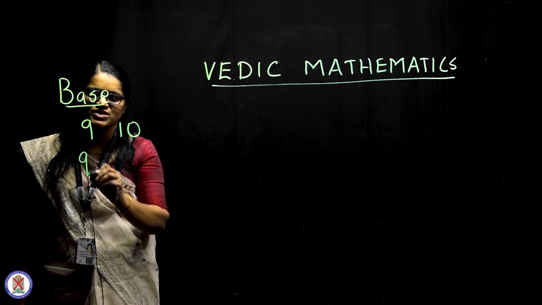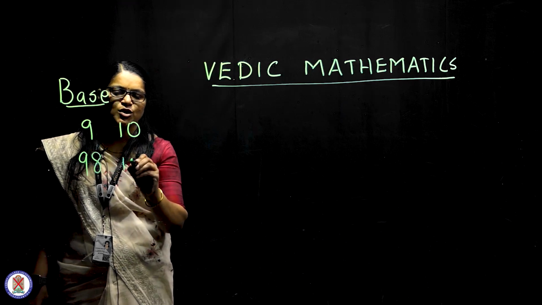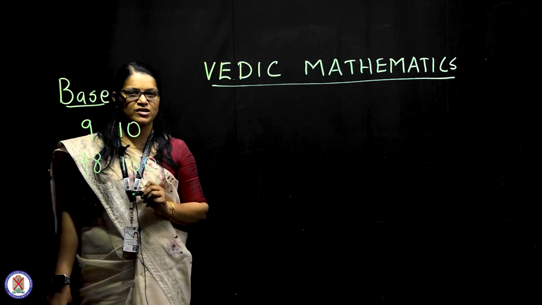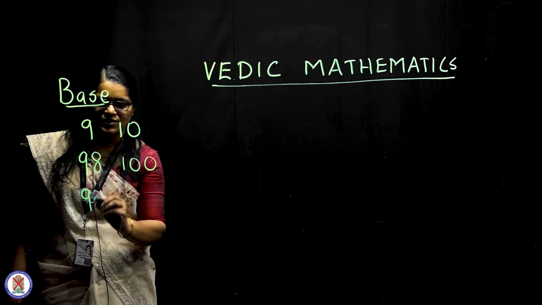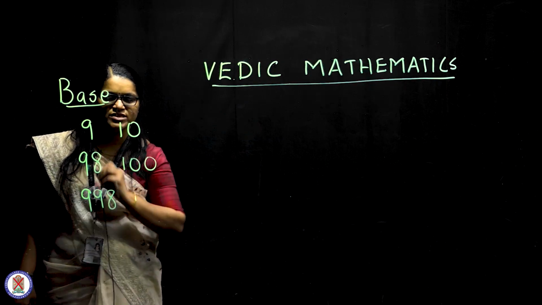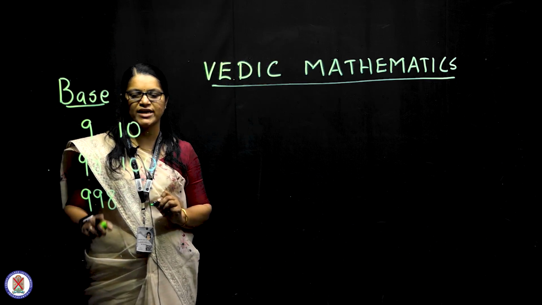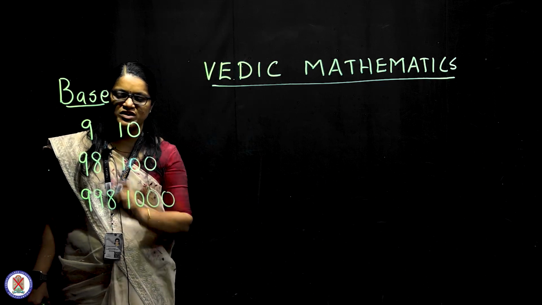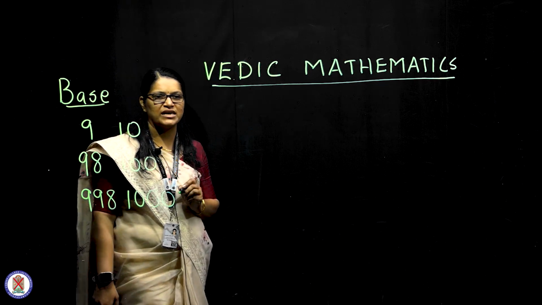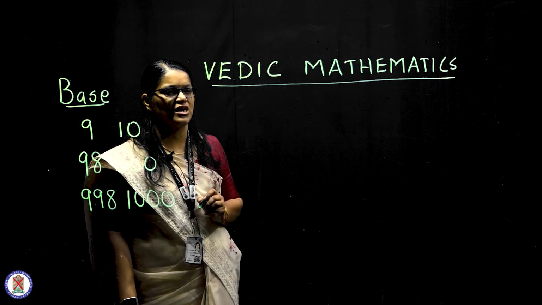For 98, the base is 100 because it is the power of 10 which is nearest to the number 98. For the number 998, the power of 10 nearest to 998 is 10 cube, that is 1000. So we require this concept for doing the multiplication using Nikhilam Sutra.